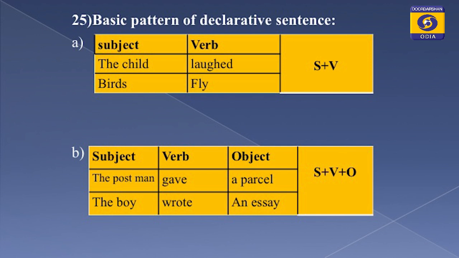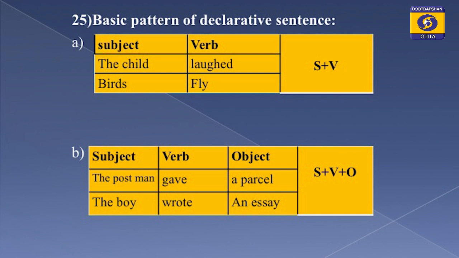Then another pattern of a declarative sentence is the subject plus verb plus object pattern. Now you see some examples. The postman gave a parcel. The postman is the subject, gave is the verb, and a parcel is the object. Why? You ask a WH question to the verb.